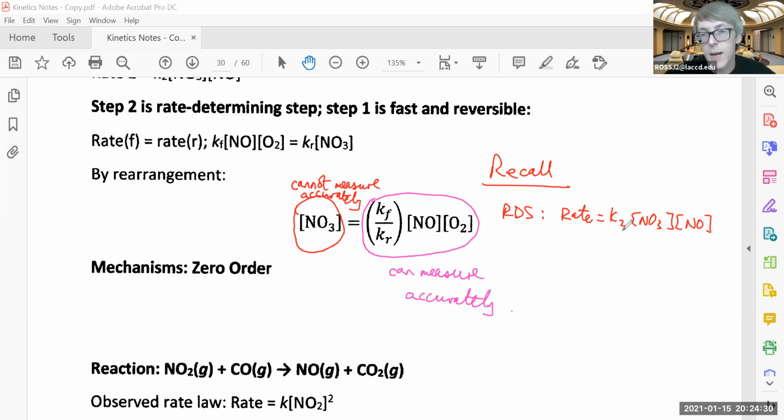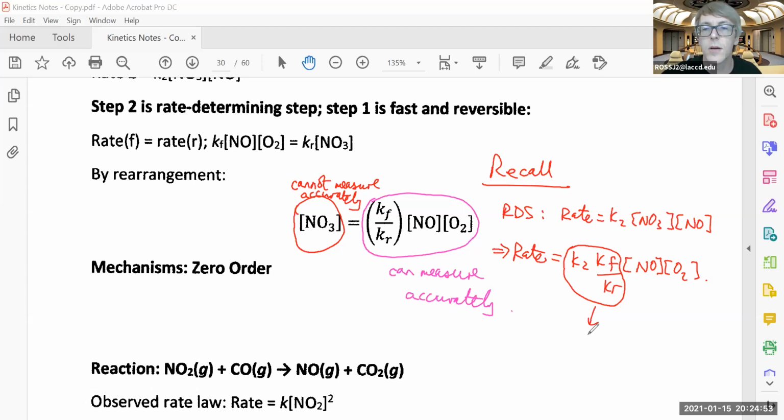We did it because we need to now calculate the rate. So now we can say that the rate is going to be K2 KF over KR NO NO O2. And all of this we can just write as another K. Let's call it K prime.